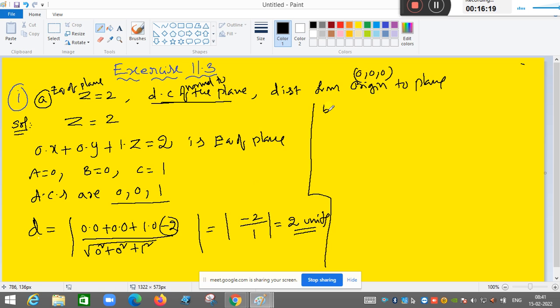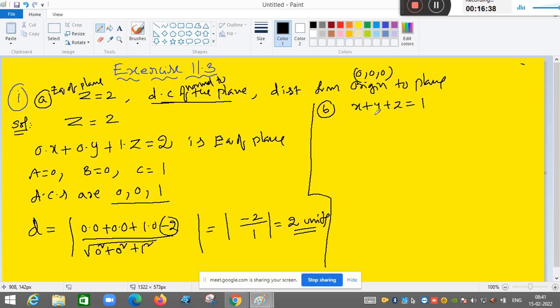Next, second problem. Suppose we take x plus y plus z equal to 1. In this case also, 1, 1, 1 are not direction cosines.